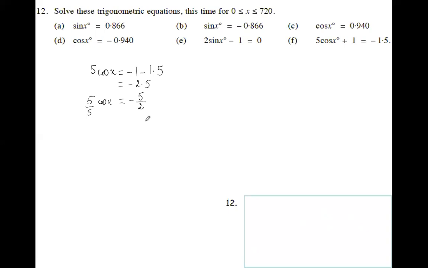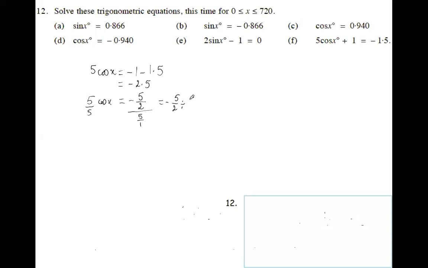Do you see what I mean? Because you're dividing by 5 both sides, it's a bit like dividing by 5/1. 5 divided by 1 is the same as 5.